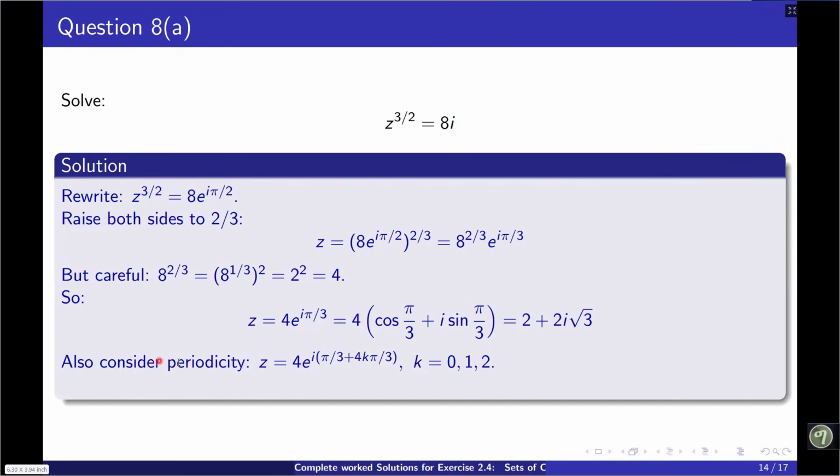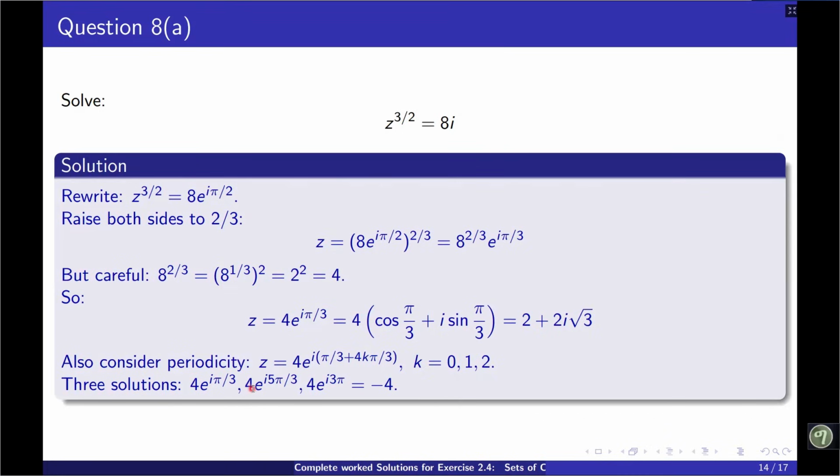Then also consider the periodicity. We have a periodicity with a certain period. z is equal to 4 times e to the power of i times pi over 3 plus 4k pi over 3, where k is running from 0 to 2. Then the three solutions are: first, 4 times e to the power of i pi over 3.